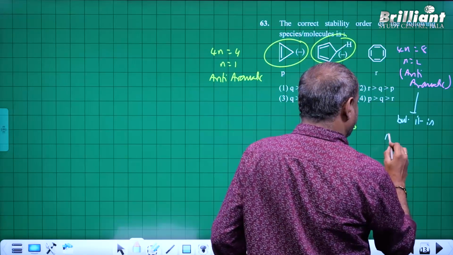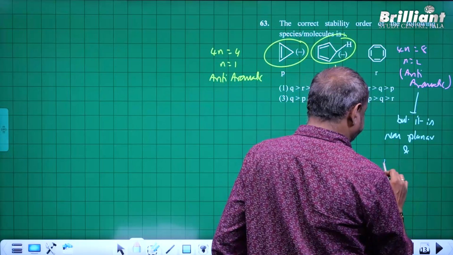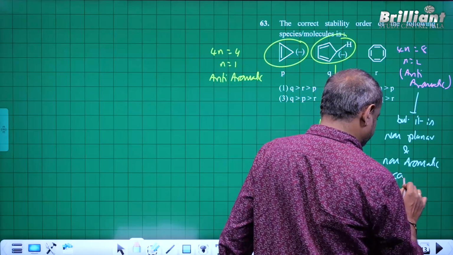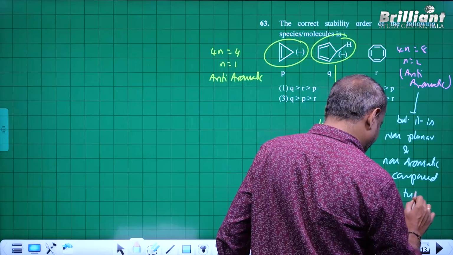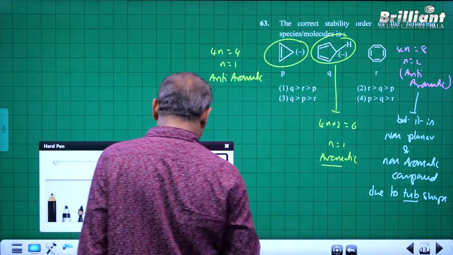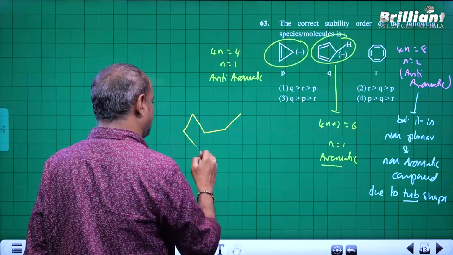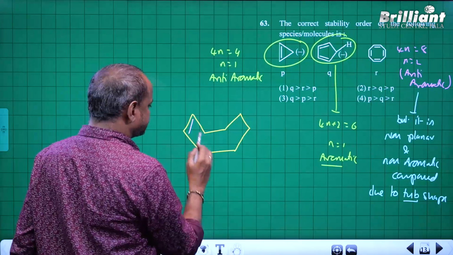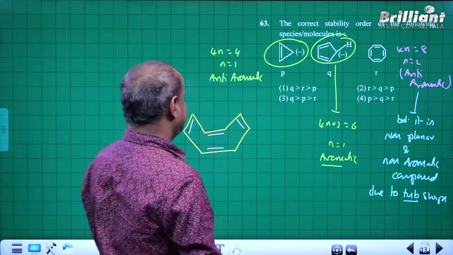It is non-planar and non-aromatic compound due to tub shape. What tub shape means, like this. This is called cyclooctatetraene.